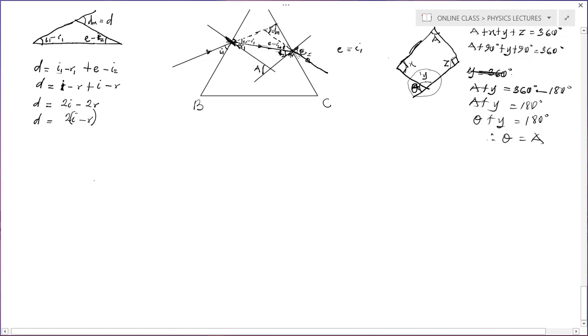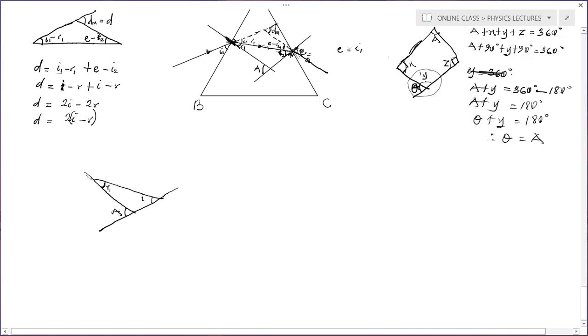So you will see that we have this line like this. We have this one coming like this, and there's another one coming from somewhere like this. Here is A. This angle here is taken to be R1.